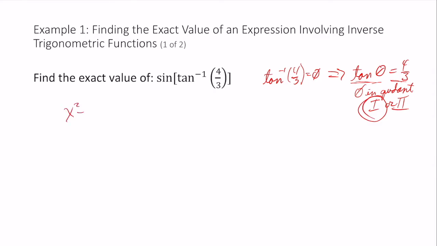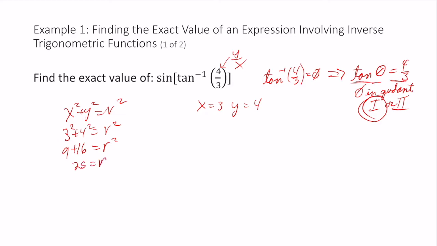So I know that x squared plus y squared is r squared. Well, for tangent, that is y over x, right? So x is 3 and y is 4. So I have 3 squared plus 4 squared equals r squared. That means 9 plus 16 equals r squared. 25 equals r squared. So 5 is our r.